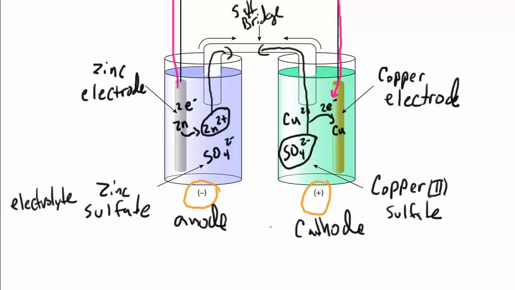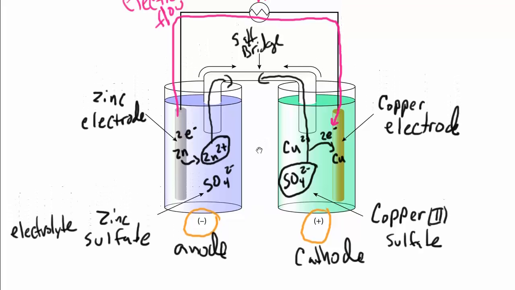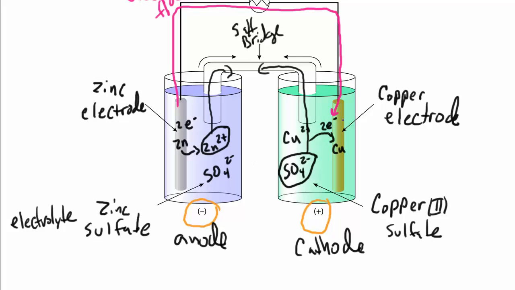And hopefully you have realized this by now, but because this is part of an oxidation-reduction reaction, this is a redox reaction. And so you need to be able to identify which part of the cell is the oxidation part and which part is the reduction part. So I like LEO says GER, you might like OIL RIG, but remember that the loss of electrons is oxidation.